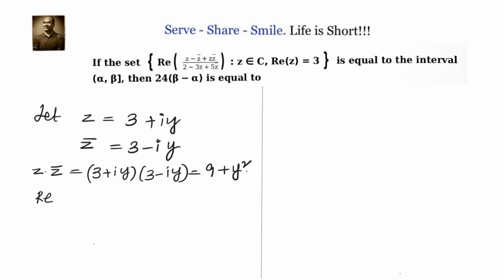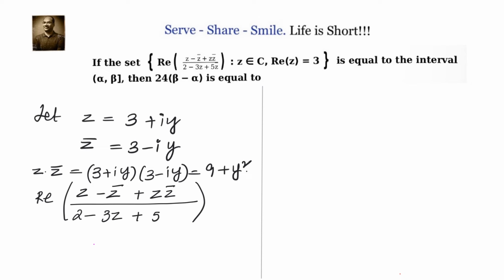Now let us see what this is. We have been given the real part of the complex number (z minus z bar plus z z bar) divided by (2 minus 3z plus 5z bar). Let us substitute the values we have here.